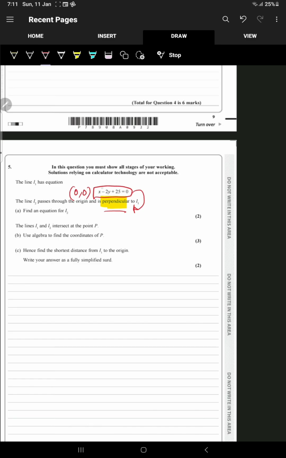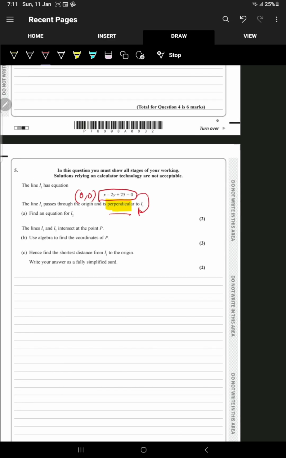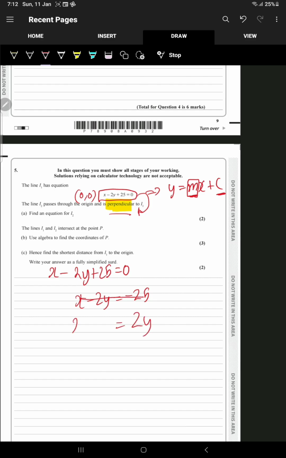How can we find the gradient of L1 in order to find L2? Well, they have given this equation, and we can write it in the form y is equal to mx plus c, where m is the gradient and c is a constant. From there we can extract the gradient. So x minus 2y plus 25 is equal to 0. This is going to be 2y is equal to x plus 25.